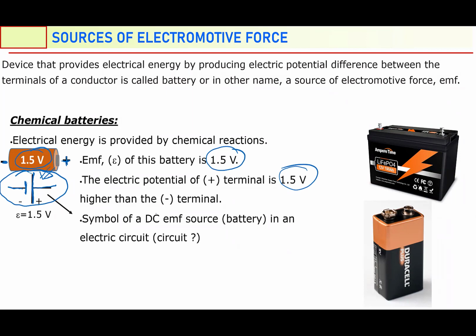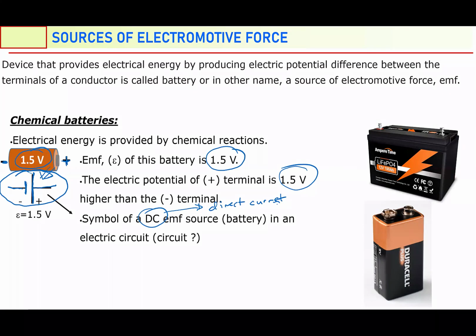What does DC mean? Now first, let's talk about this. DC means direct current. I'm going to talk about them in chapter 6 again, but direct current means when a battery starts giving electric current to a device, its value never decreases, never increases.